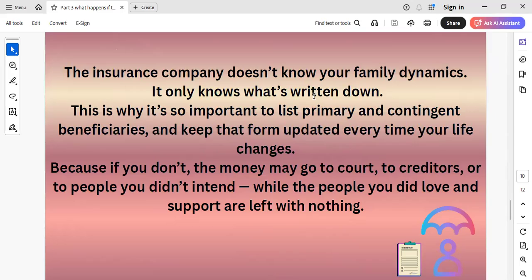The insurance company doesn't know your family dynamics. It only knows what's written down. This is why it's very important to list primary and contingent beneficiaries and keep that form up to date every time your life changes. Because if you don't, the money may go to court, to creditors, or to people you didn't intend, while the people you did love and support are left with nothing.